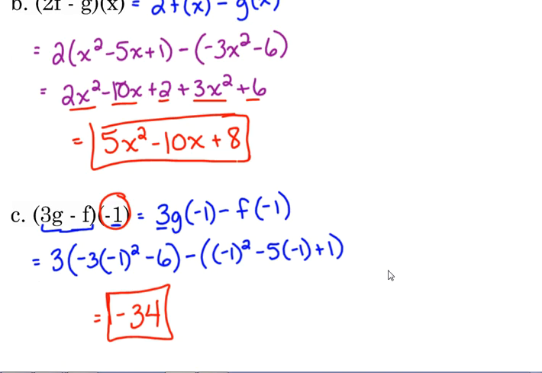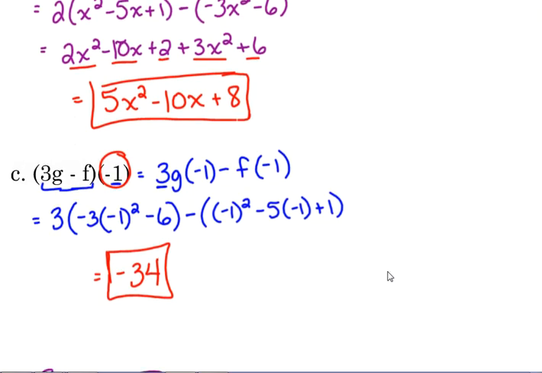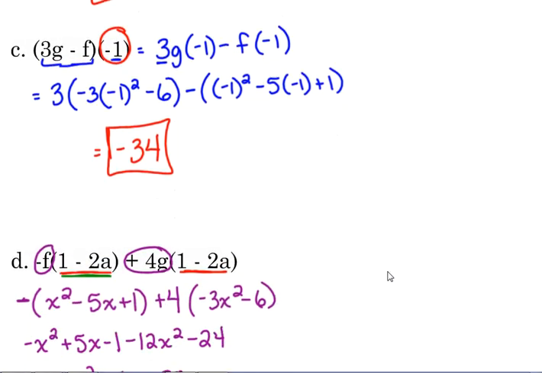Now, we could have also done this in the same way. I didn't do C like I did D. On C, I could have simplified 3G minus F, done that combination, and then just plugged in negative 1 into that answer, like I did with D. Okay, I did the linear combination first and then plugged in. On C, I went ahead and plugged in and just combined everything.